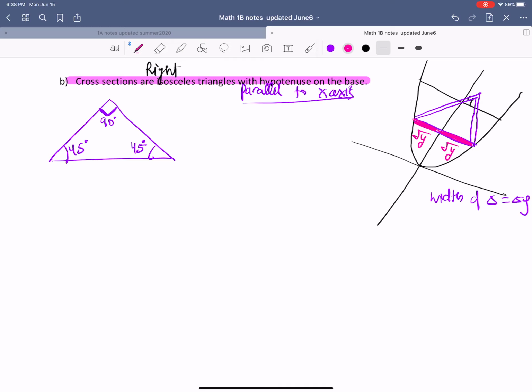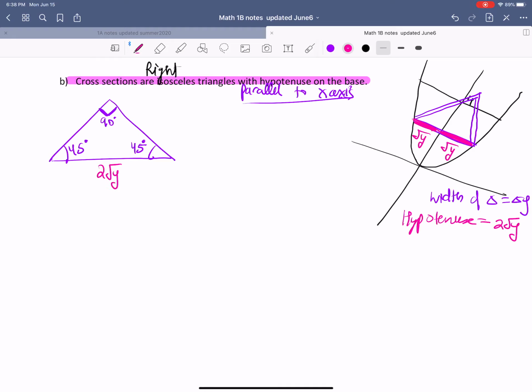So the hypotenuse of the isosceles right triangle is equal to 2 root y, because it's root y plus root y.